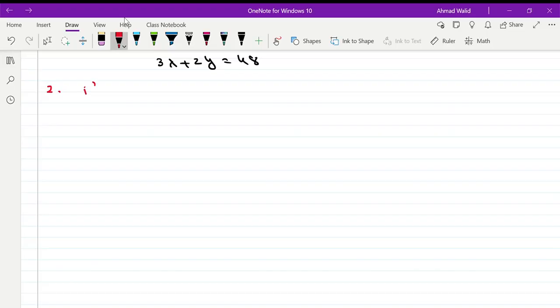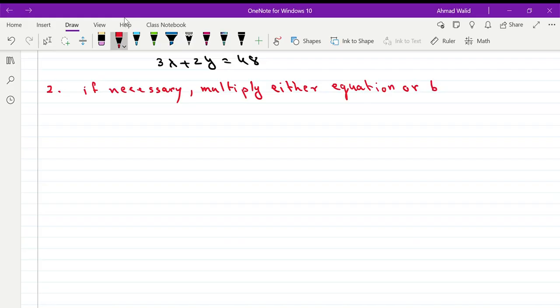If necessary, multiply either equation or both equations by an appropriate number.